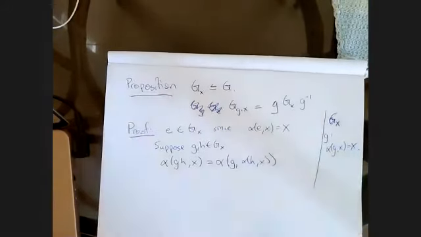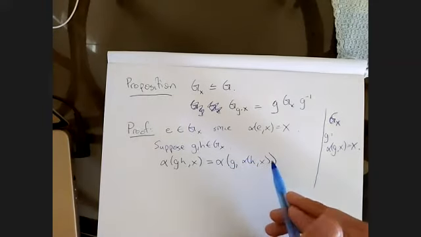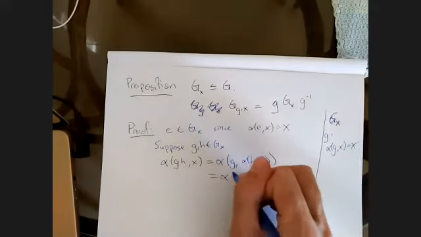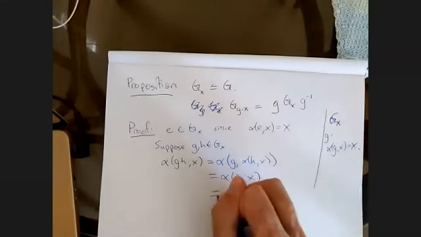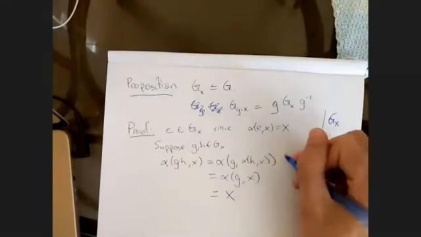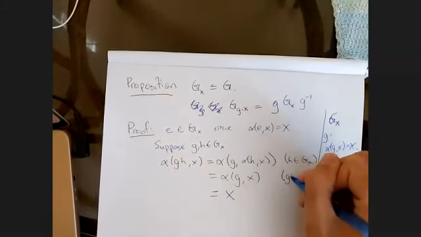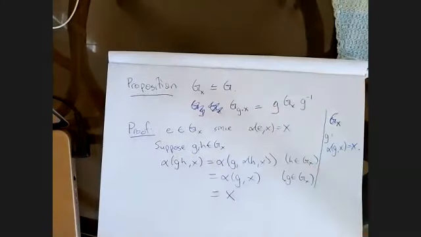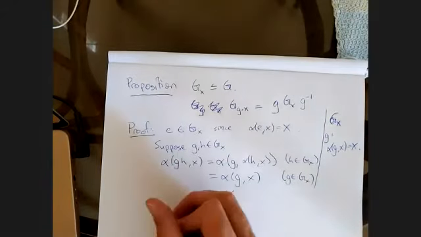Now h is in the stabilizer, so alpha(h, X) is just X. So we have alpha(g, X), and g is in the stabilizer too, so that's just X. That tells us that gh is in the stabilizer.